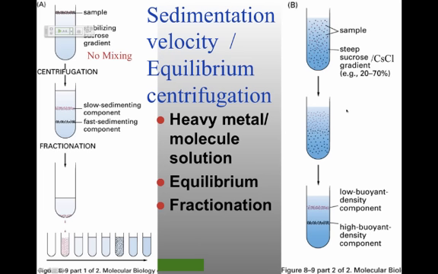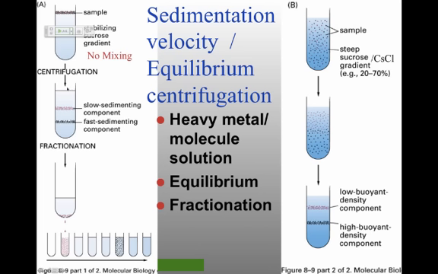Here, you put your sample at the top, you spin it, and as you're spinning, your sample, which is a mixture up here at the top, will separate based on how fast it goes through this gradient.